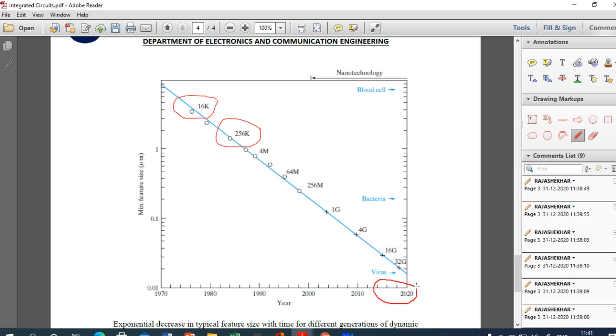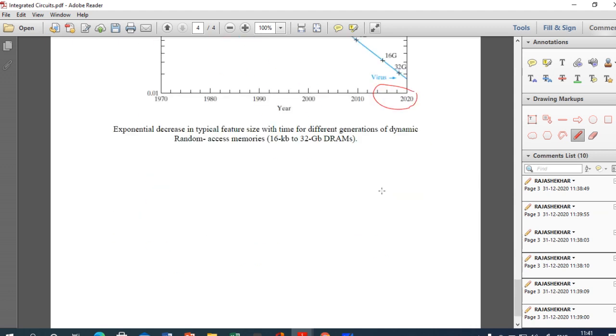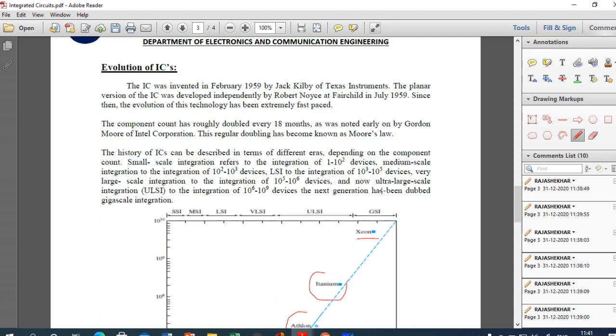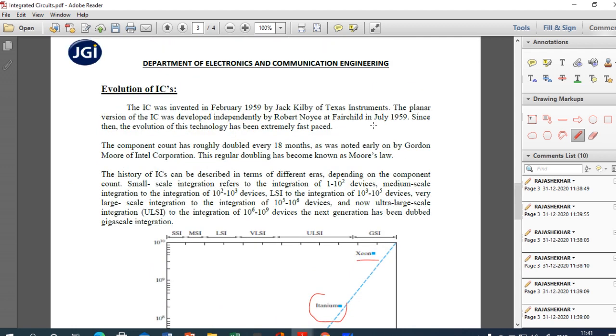Currently in 2020, we are using 1 terabyte of memory. This is how memories have evolved. I hope it is clear for everyone. So this is about the evolution of integrated circuits.